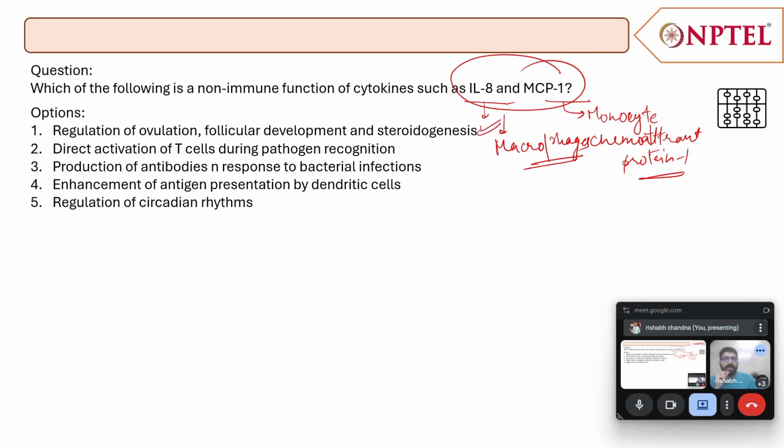As we have studied till now, the immune function is the main function of the cytokines, but some of the cytokines are also involved in non-immune functions like regulation of the ovulation, follicular development, and steroidogenesis. So the correct answer is option number 1. Okay, if you guys have any doubt, you can ask.